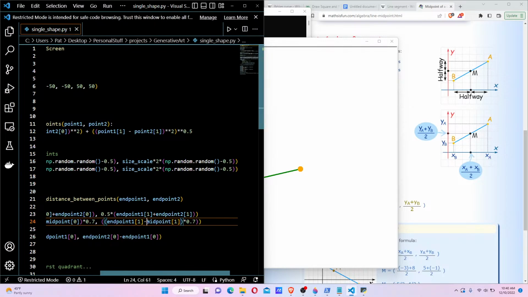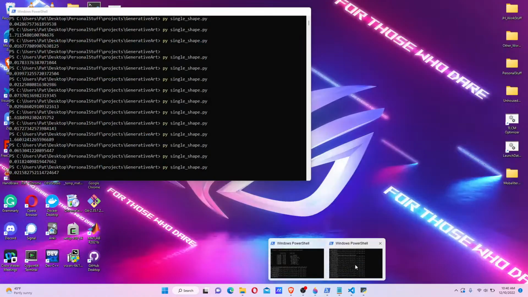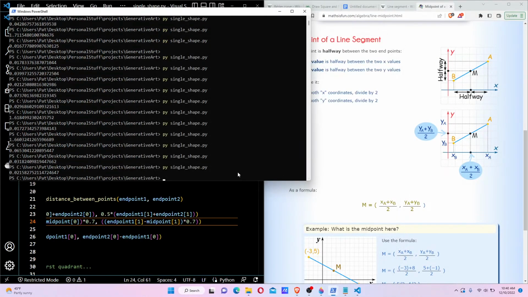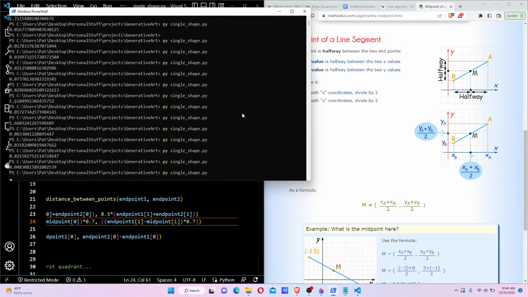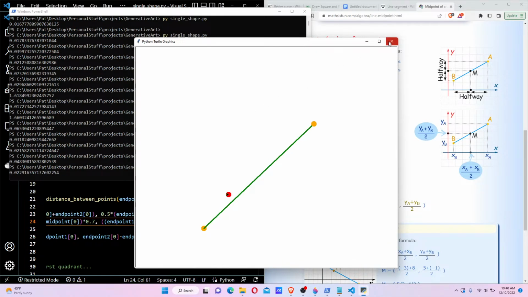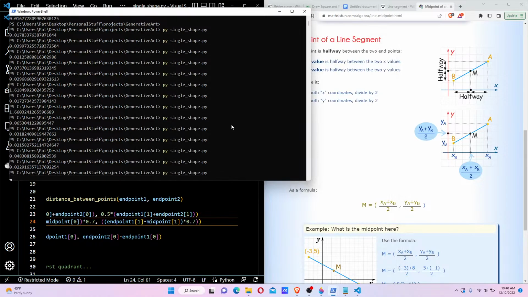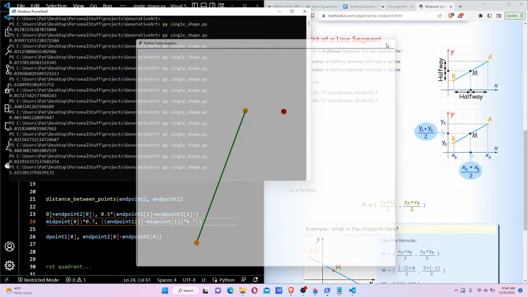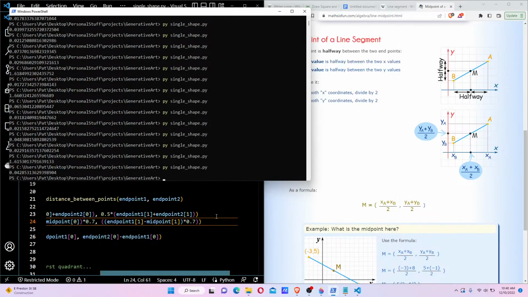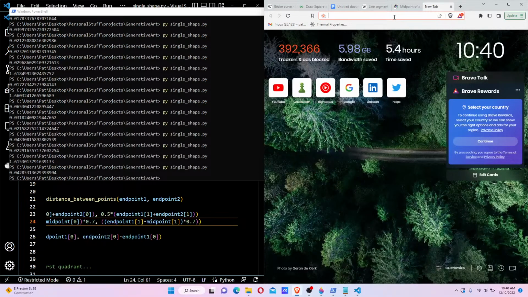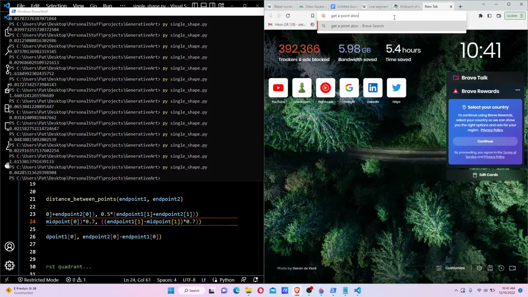What if I just try that? Doing the minus instead. It's a little off. That one's very off.